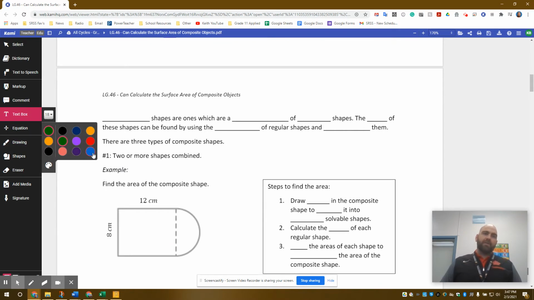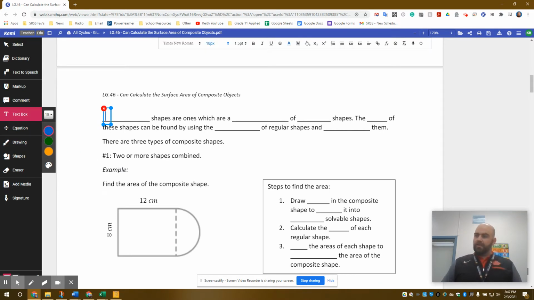Now, on the other side, and these ones we will be taking a look at, composite shapes. Okay, so composite shapes are ones which have a combination of regular shapes. The area of these shapes can be found by using the equations of regular shapes and then combining them together.